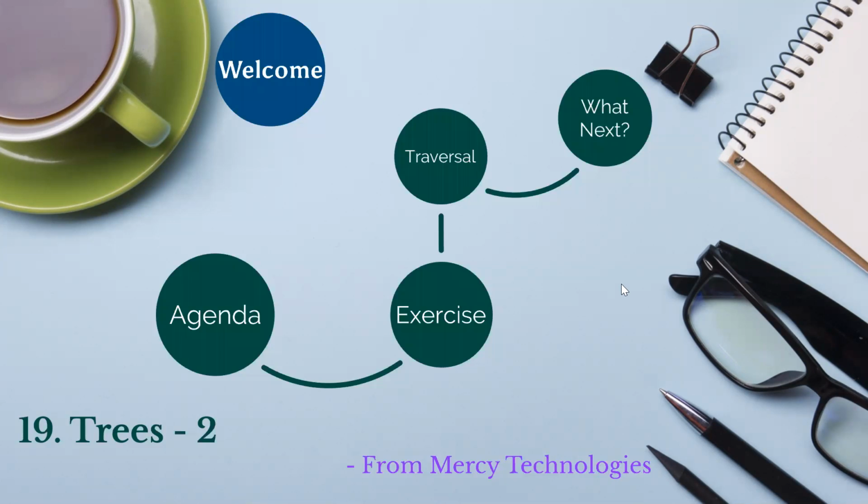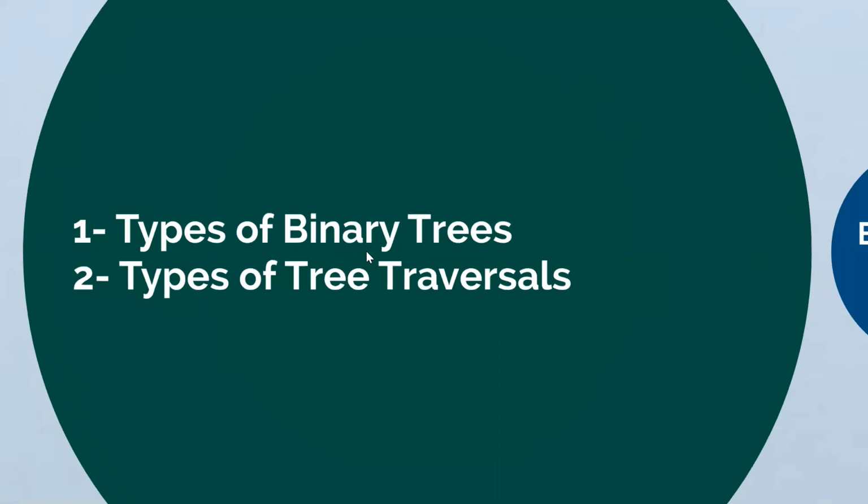So that's why let's do a little bit more theory today, and we will be seeing the following in this class. We'll be seeing the types of binary trees. When I say binary tree, it means the maximum number of children a node can have is 2, which means it can have 0 children, or 1 child, or 2 children, not more than that.